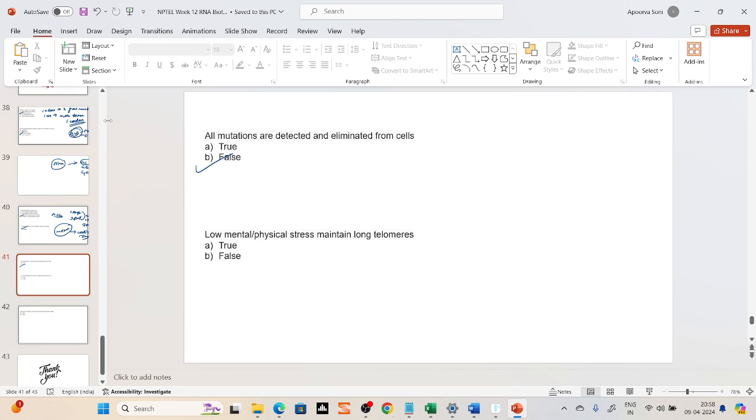Then, low mental and physical stress maintain long telomeres. True or false? We studied this last week also. Think.